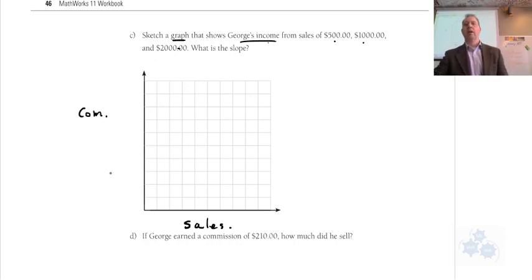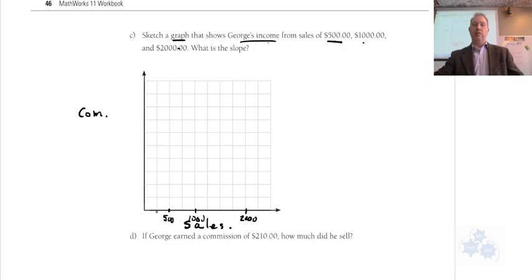Okay, so we're going to sketch the graph of a sale of 500. We've got to put 500, 1,000, and 2,000 on here, and we have to make sure the scale is appropriate. So let's say every 2 squares is 500, then this is going to be 1,000, and then 2,000 is going to be way over here. So you've got to make that scale appropriate.